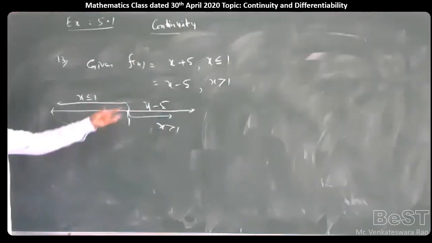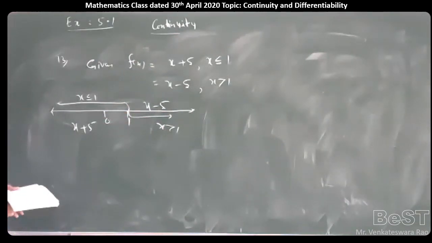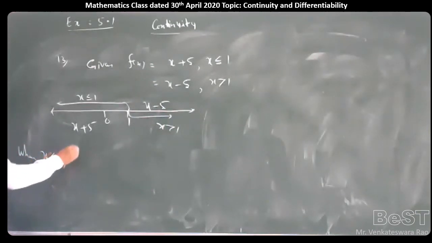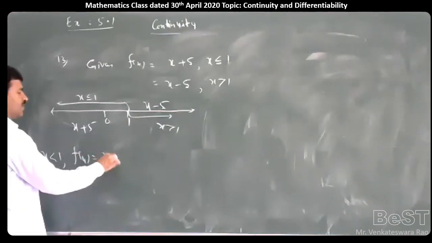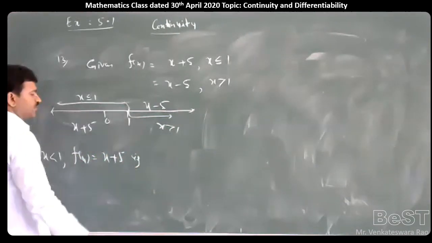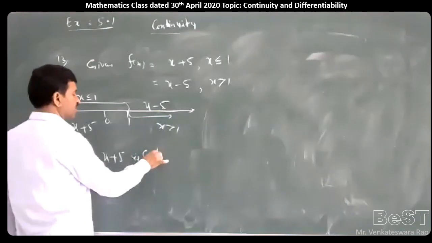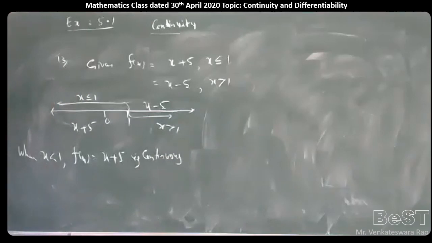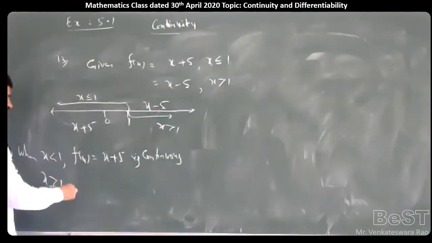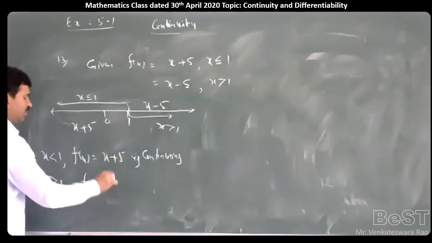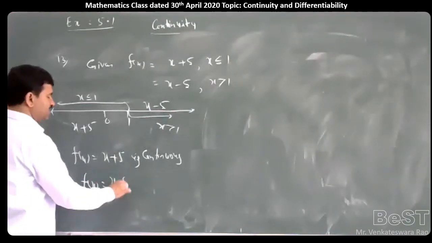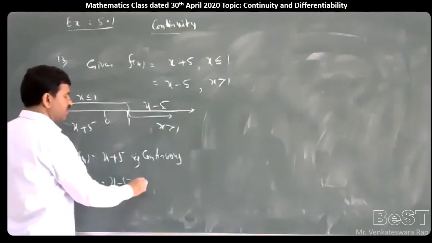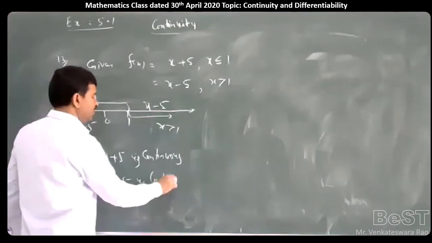First write that conclusion: when x is less than 1, f of x is equal to x plus 5, which is continuous, and when x is greater than 1, f of x is equal to x minus 5, which is continuous.